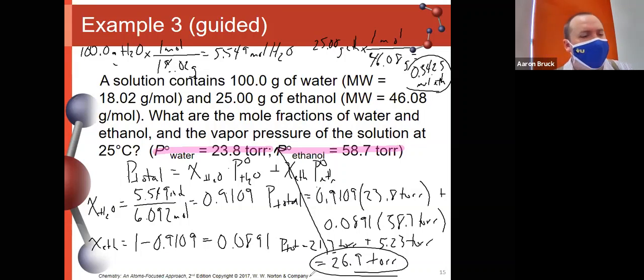So the vapor pressure of ethanol gets dropped considerably because of the increase of attraction to the water molecules. And the vapor pressure of the water really doesn't change that significantly.